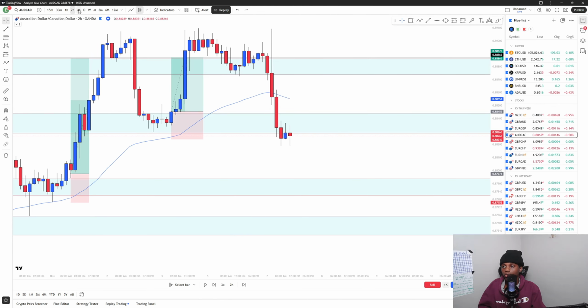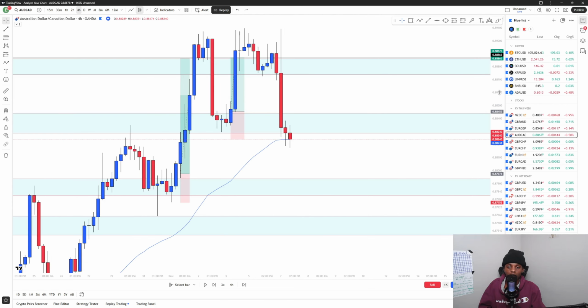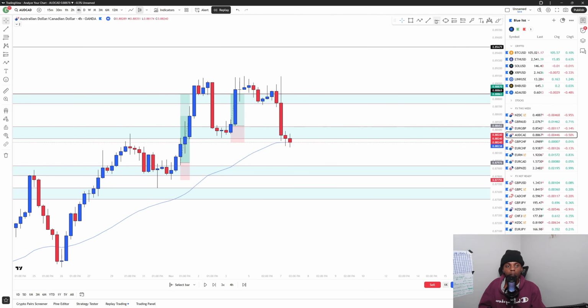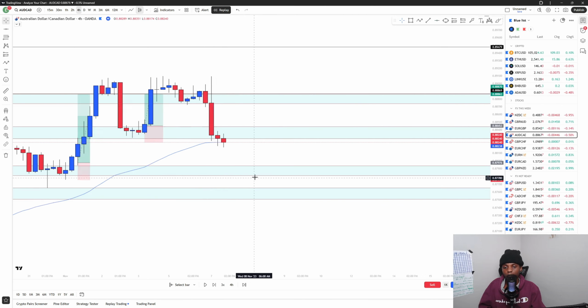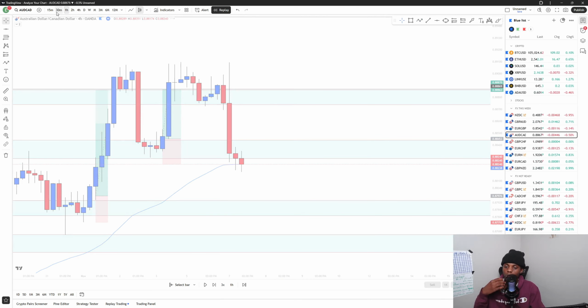Now again, I look for the shift of structure. First, let me see how the 4 hour looks. 4 hour is still bullish, higher low, but I don't like how the 4 hour has closed under this. But we still have all the time frames going up, so I guess that's cool. So let's just wait for the shift of structure.